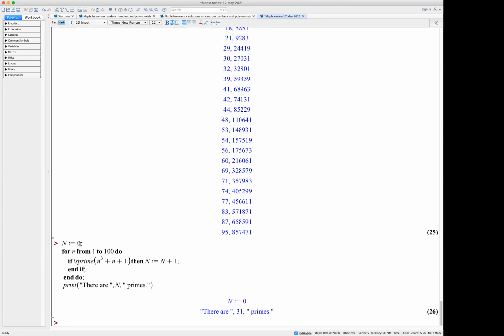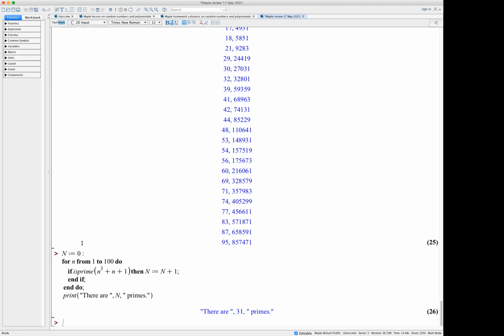If I don't want to see the N equals 0, I put a colon instead of a semicolon, and I just get the answer. All right. Any questions about that?